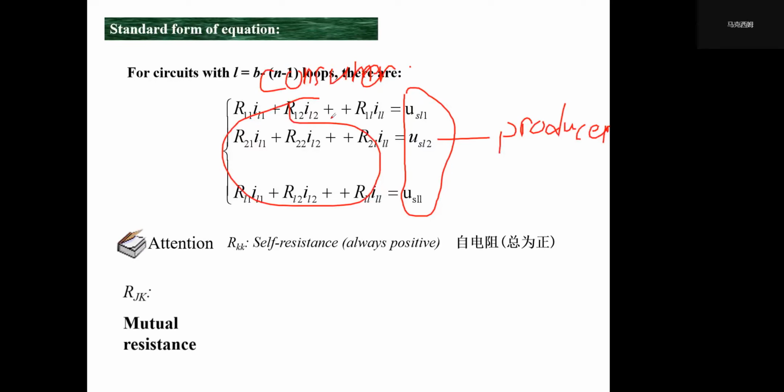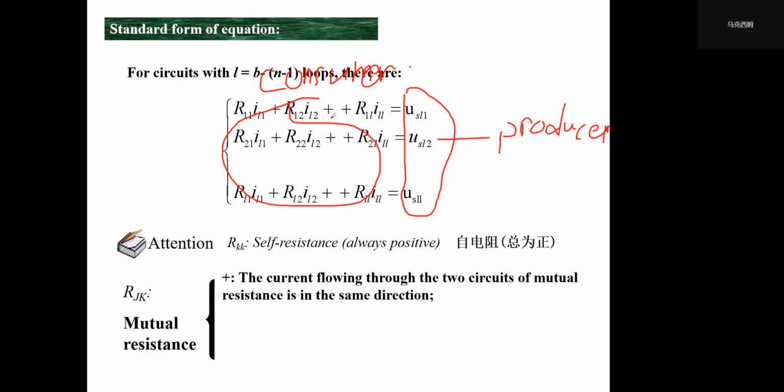And still, we have to pay attention to the sign of the self-resistance and the cross-resistance. The self-resistance is always positive, and the cross-resistance or mutual resistance, its sign is associated with the direction of the loop currents that run through the common branches.